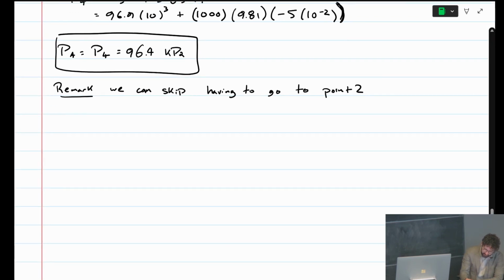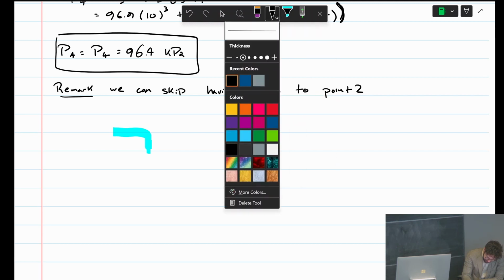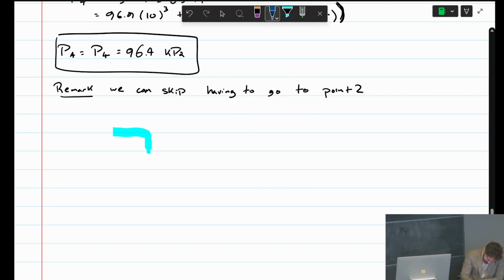I'm going to just draw a diagram here so I don't have to back up. So the schematic was kind of like this.